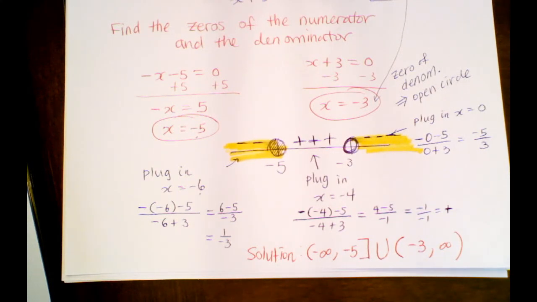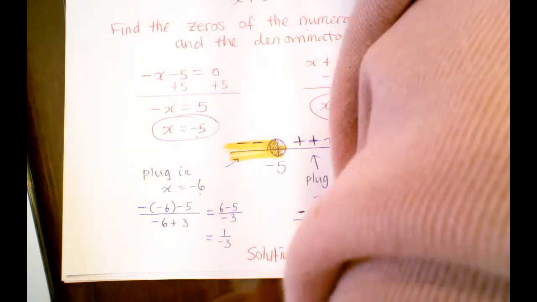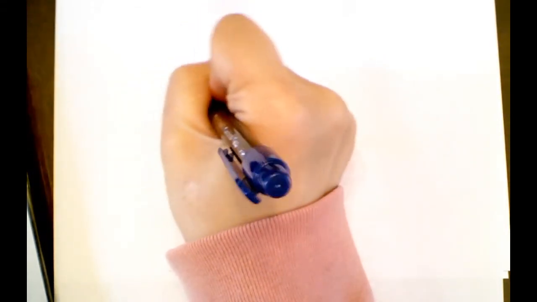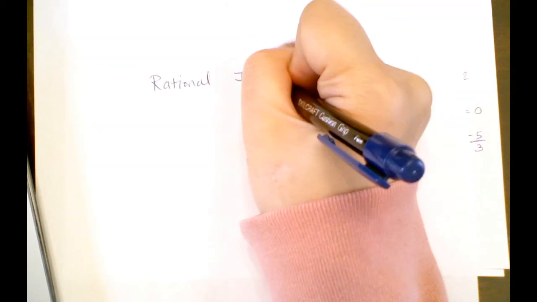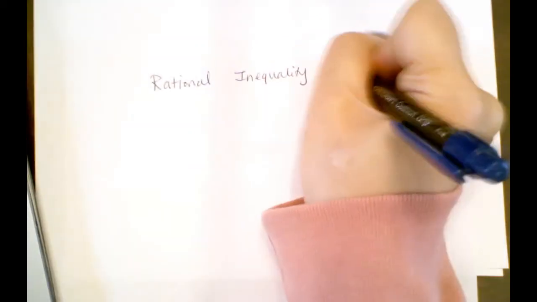Now, I'm going to ask you to try one, okay? On a separate sheet of paper. You did try 2 problems for polynomial inequality, and I'm just going to ask you to try one more, one for the rational inequality. So for rational inequality classwork, try to solve this one for me.